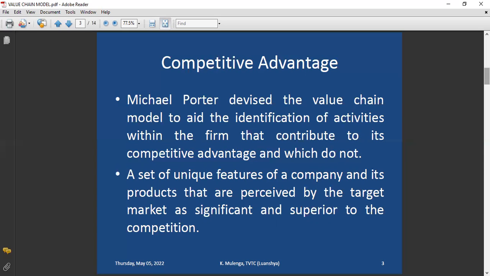Michael Porter devised a value chain model to aid identification of activities within the firm that contribute to its competitive advantage and those that do not.